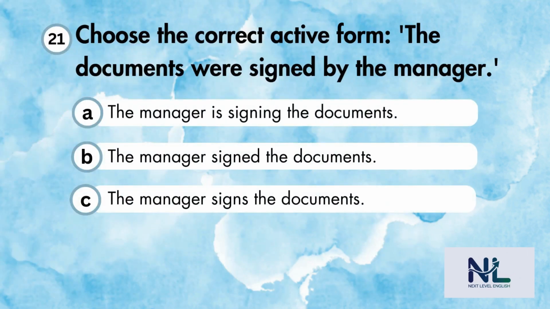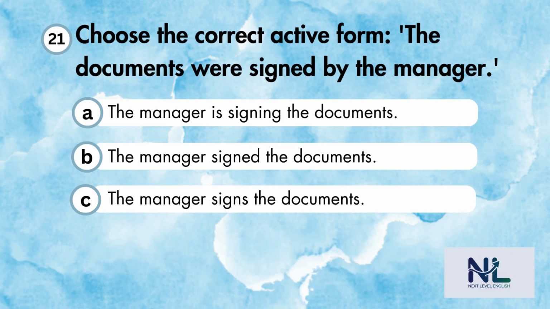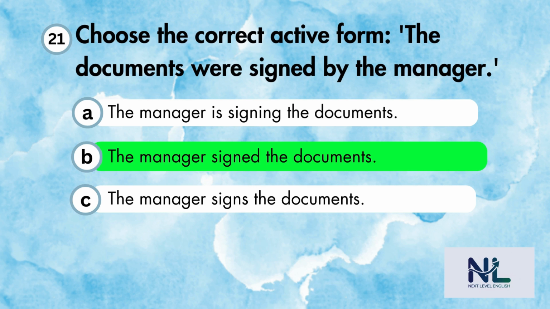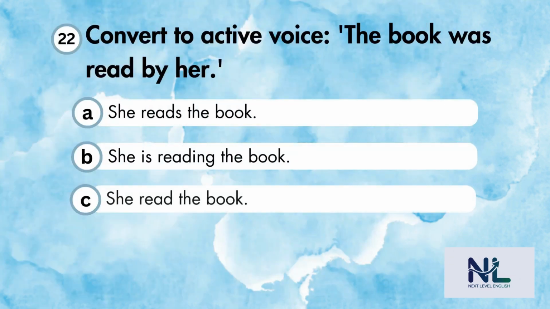21. Choose the correct active form. The documents were signed by the manager. The manager signed the documents. Tips: the active form focuses on the subject, manager, performing the action in the past tense. 22nd.